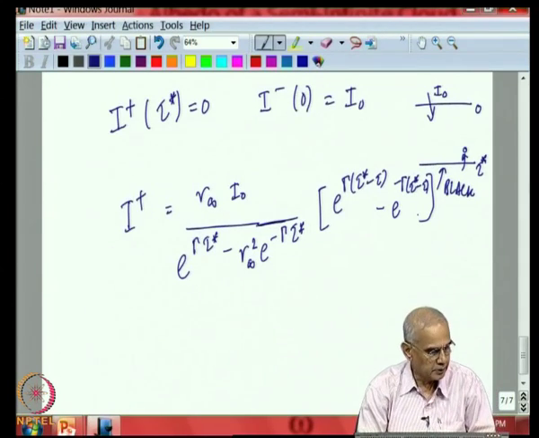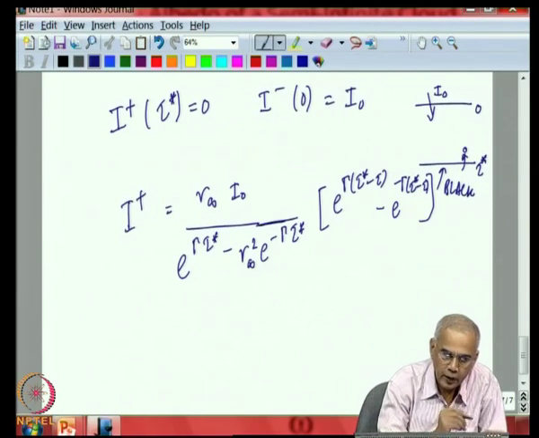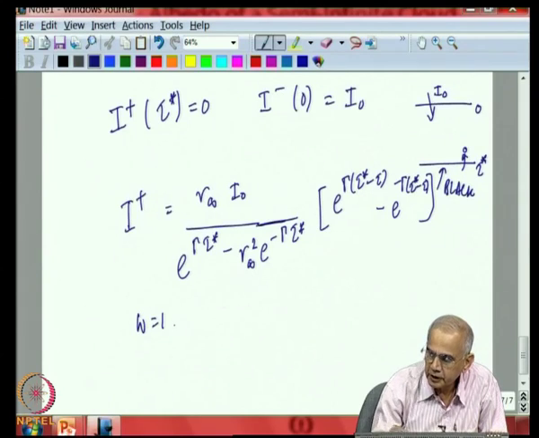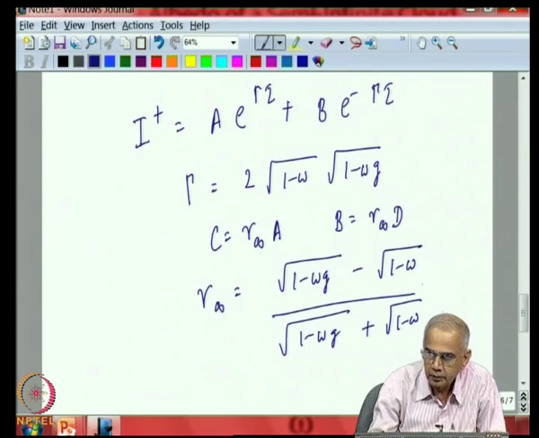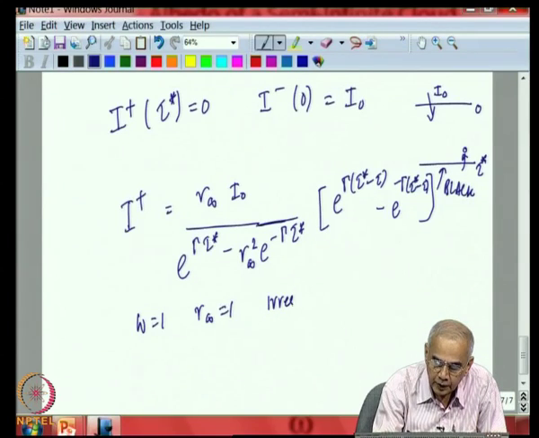So, this is the expression for I plus. Now, notice that when omega equals 1, in the previous expression, this term drops out, this term becomes 1. So, omega equals 1, R infinity equals 1, irrespective of the value of g.